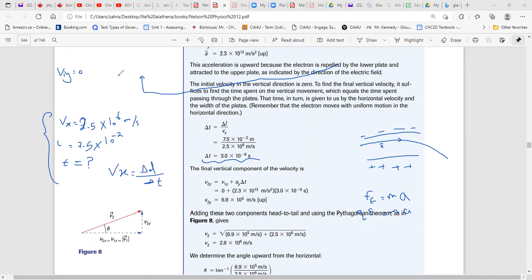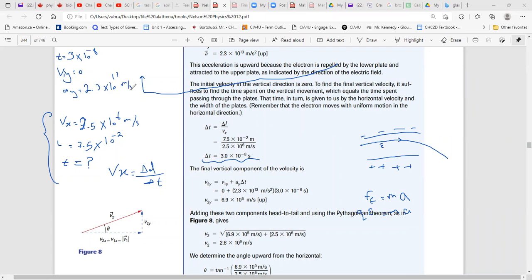Then you get the time to be 3 × 10⁻⁸ seconds. So you have time here. We got an acceleration in the y direction to be 2.3 × 10¹³ meters per second squared.